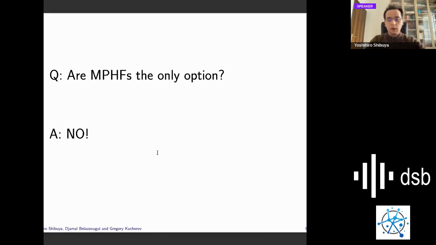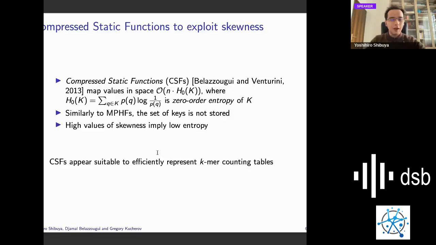Are minimum perfect hash functions the only solution? Obviously not, so I wouldn't be here to talk about it today. There are also compressed static functions. The main difference between minimum perfect hash functions and compressed static functions is that the memory for the latter depends on the zero order entropy of the data we want to store.